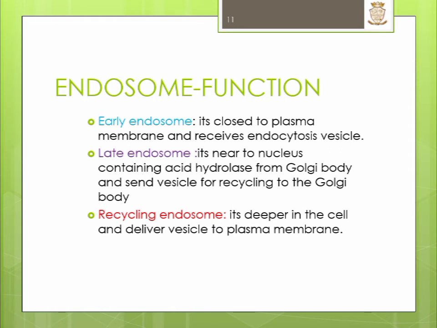The early endosome is close to the plasma membrane and receives endocytic vesicles. The late endosome is near the nucleus, containing acid hydrolases from the Golgi body, and sends vesicles for recycling to the Golgi body. The recycling endosome is deeper in the cell and delivers vesicles to the plasma membrane.